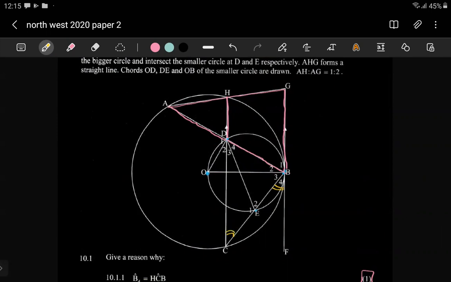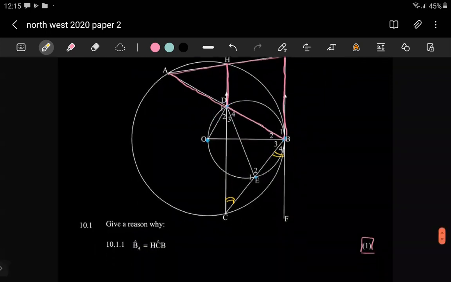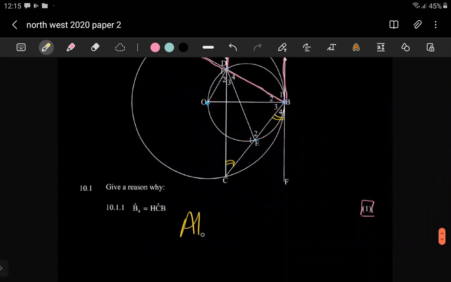I'm thinking of the tan chord theorem, but it's not the tan chord theorem here. These are alternating angles, you see. Yeah, just say alternating angles.